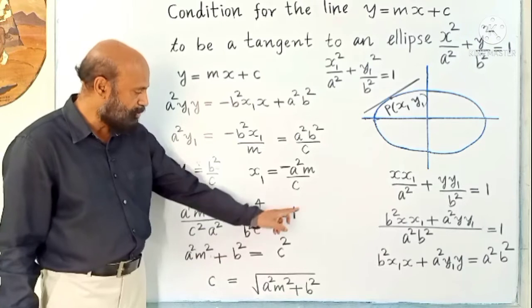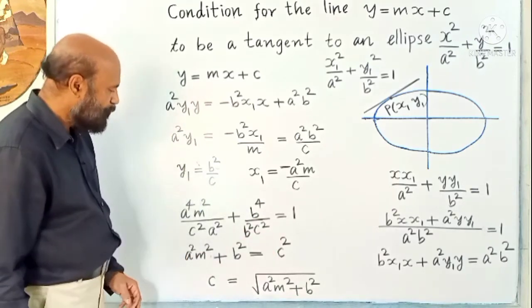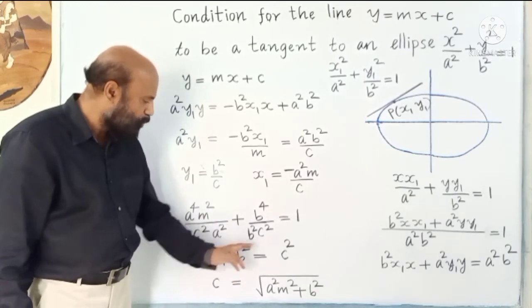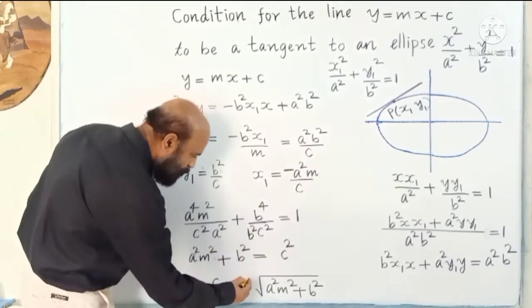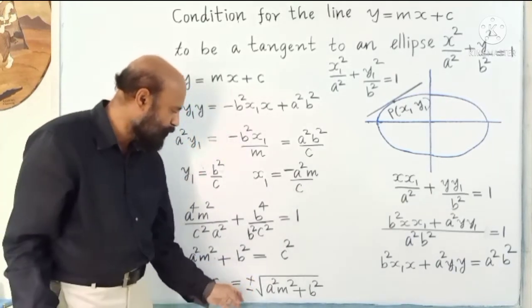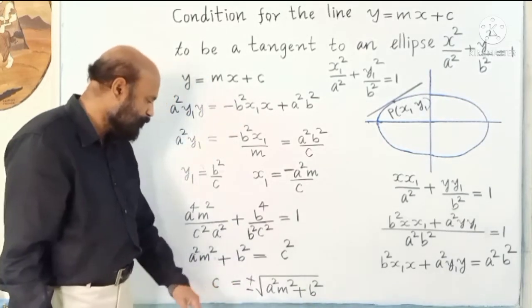Then this c² is taken to the other side. So now we are getting c². Then for getting c, you take the square root. When you take the square root, you write plus or minus, then the square root of this, which is a²m² + b².